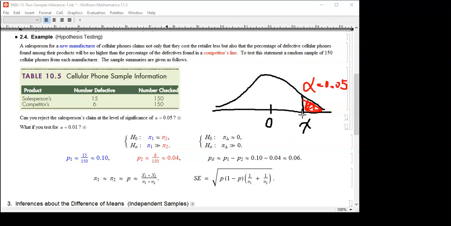Now, once you find your critical value x, then you can go toward your conclusion. Compare that with the difference, 6% point. If this falls here, then too close to null, so you accept the null hypothesis. If it falls there, then too far away from the null, so you reject the null hypothesis. You can do all that if you find the critical value.